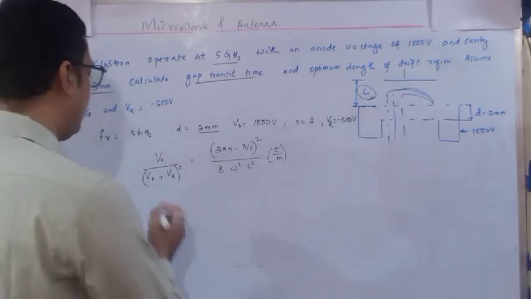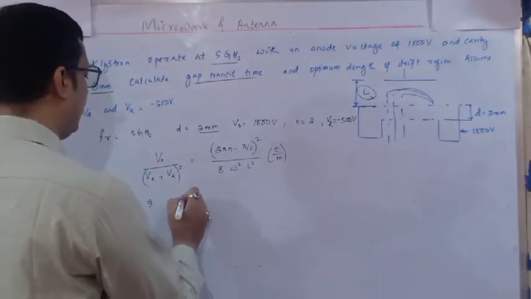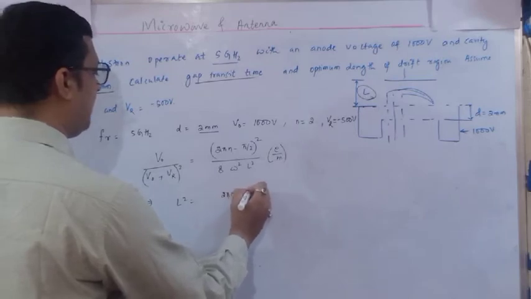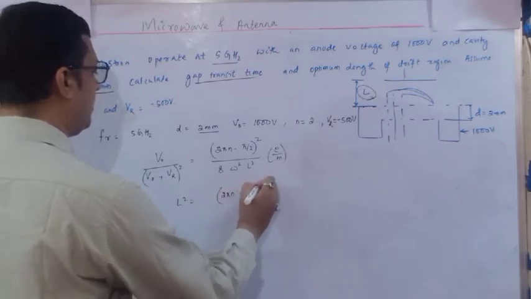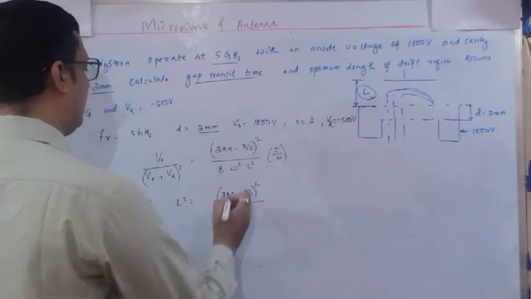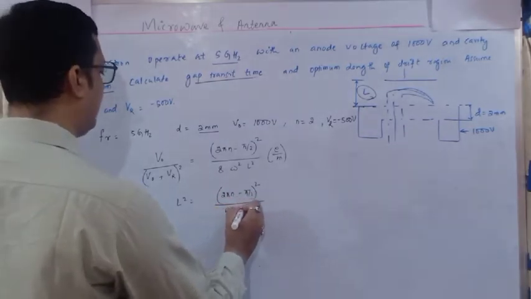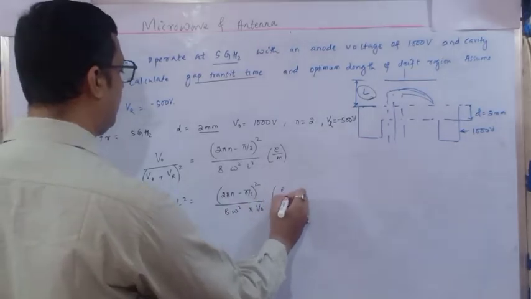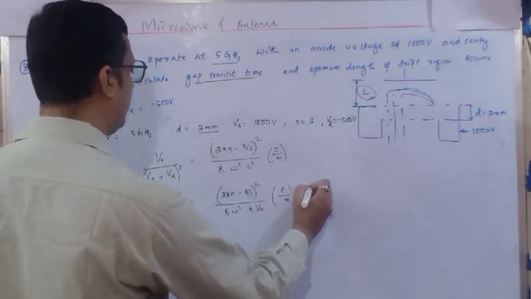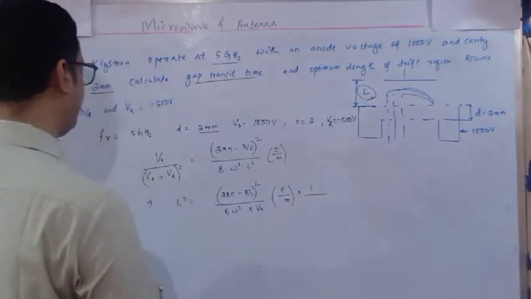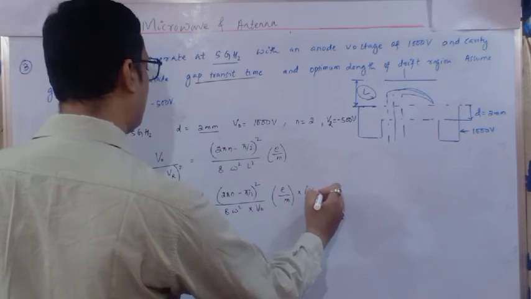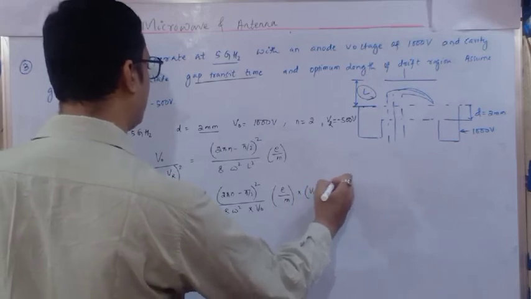Take this L outside. So here L square is equal to 2 pi n minus pi by 2 whole square divided by 8 omega square into V naught E by M into 1 by V naught plus VR whole square.